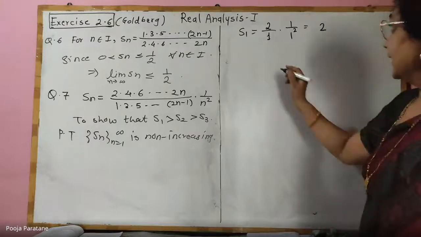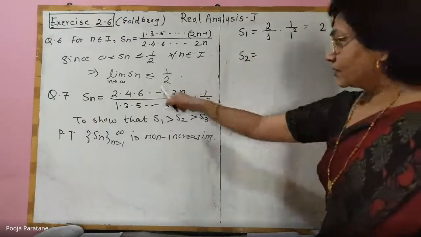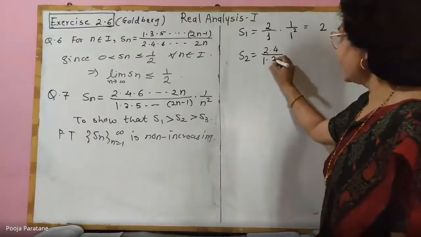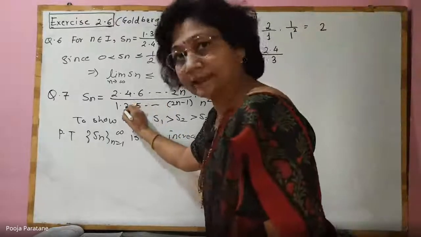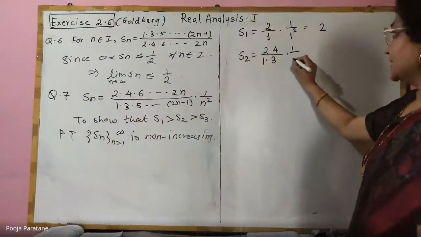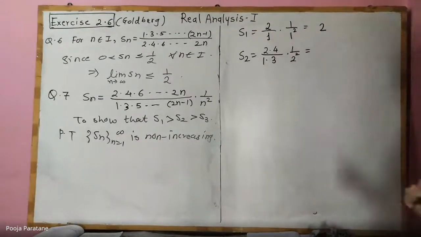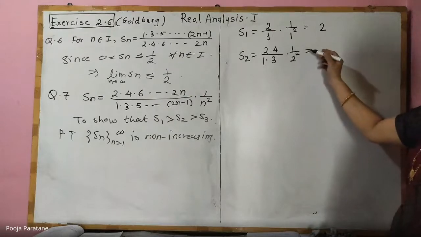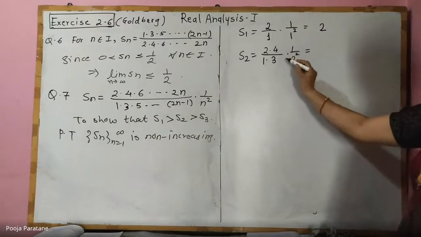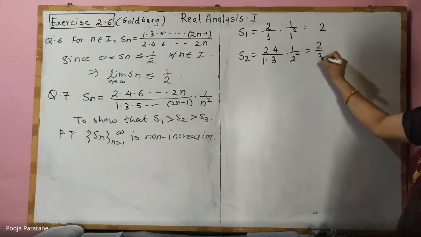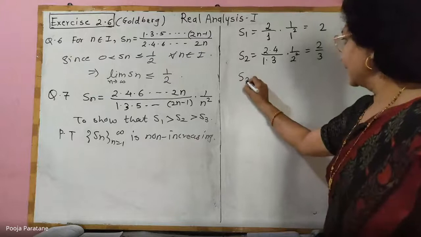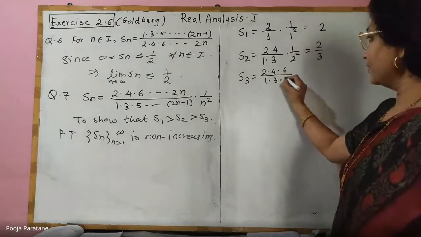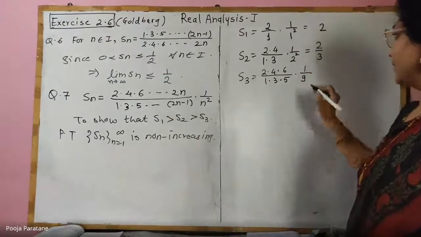Then S2: the product of the first two even numbers in the numerator, and in the denominator the product of the first two odd numbers, here it is 3, and 1 upon n square, that is 2 square. If we simplify, this 2 square will get cancelled, so it is 2 upon 3. Then S3, the same way: the product of the first three even numbers, the product of the first three odd numbers, and here it is 1 upon 9.